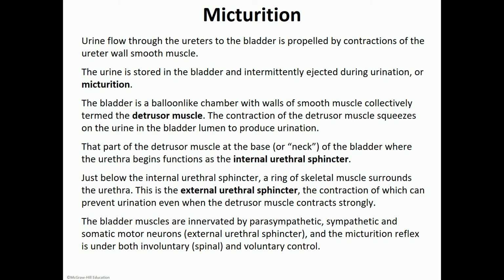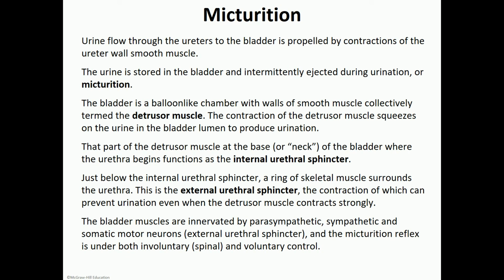But when it fills up, that stretch of the bladder wall will stimulate the micturition reflex. The reflex center is found in the spinal cord, and it involves the contraction of the detrusor muscle and the relaxation of the internal urethral sphincter.